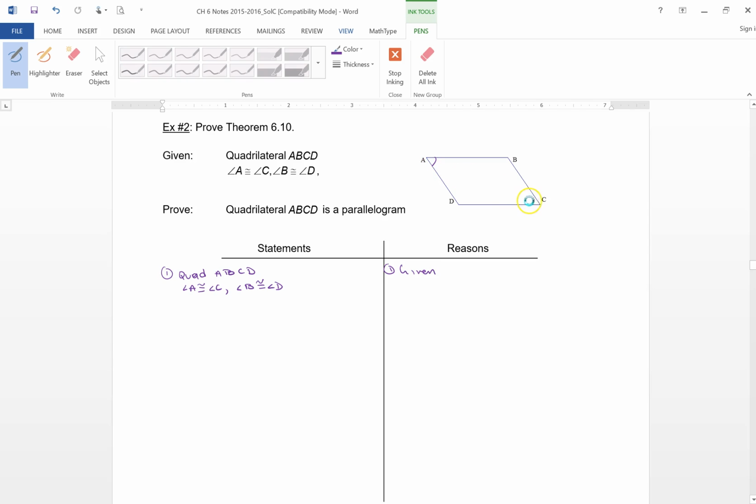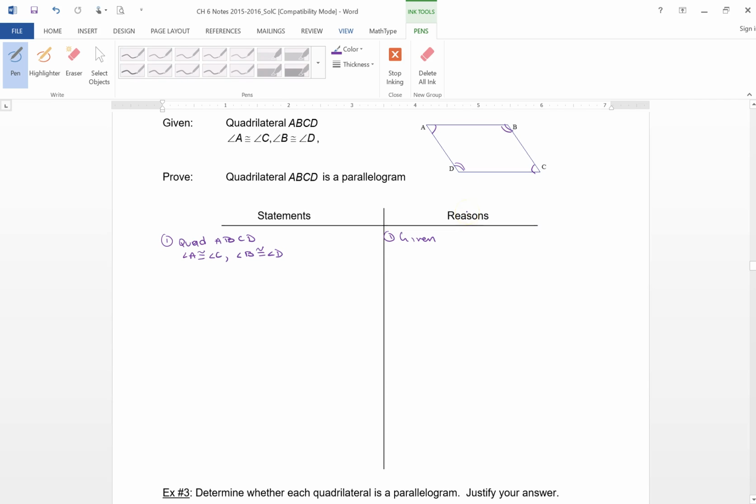So A and C are congruent, B and D are congruent. Now, since A and C are congruent, I can say that measure of angle A is equal to measure of angle C, measure of angle B is equal to measure of angle D, definition of congruent angles.